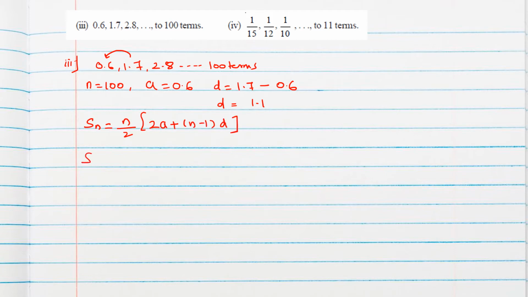So S100, n is 100. So 100 by 2, 2 into 0.6 plus 100 minus 1, d is 1.1. So 100 by 2 means 50 we can write. Here 2 into 0.6 means 1.2 plus 99 into 1.1.